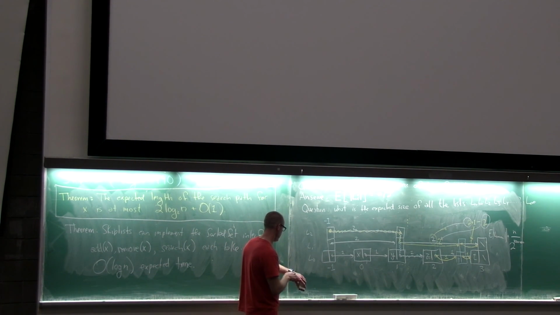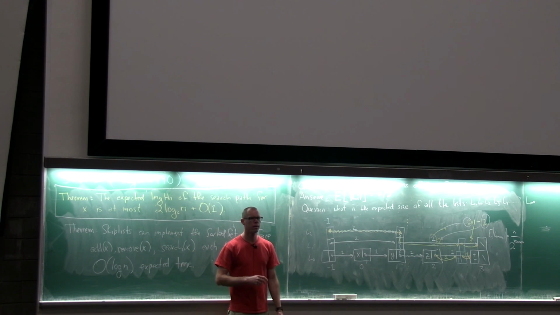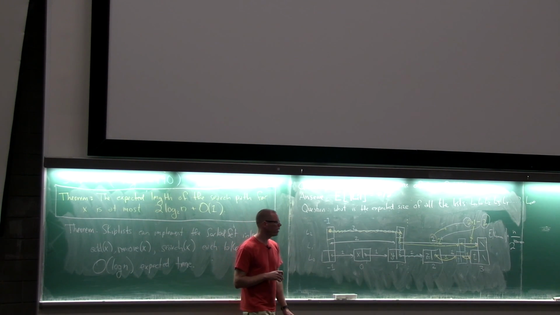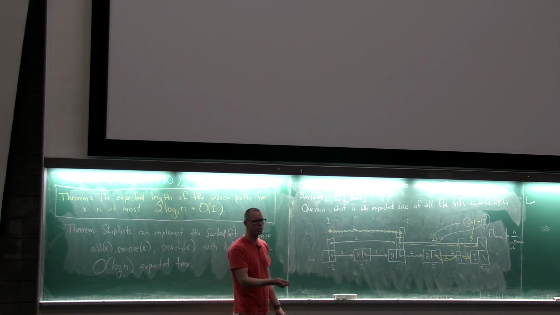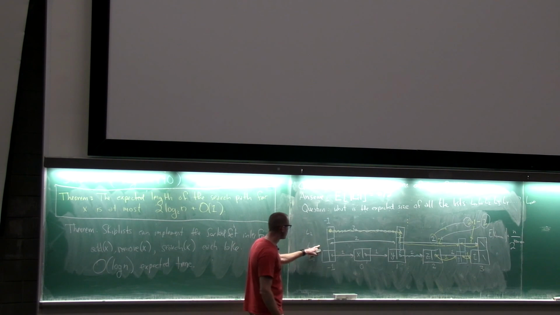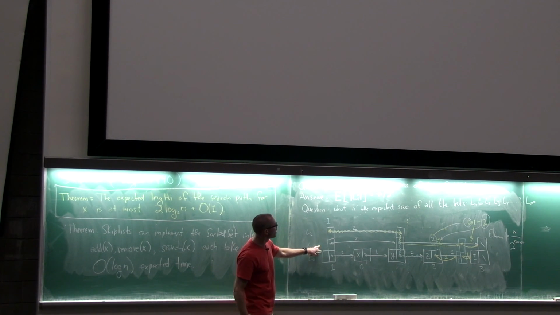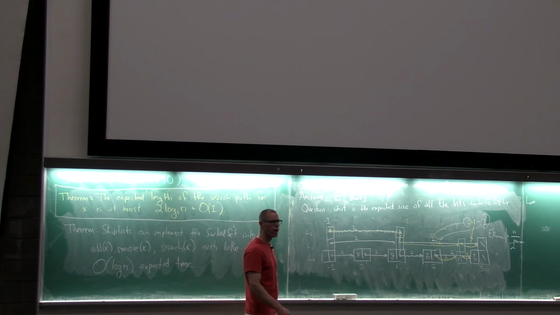All right. And so, what is the expected size of all of this? We have all their sizes. It's their sum. The expected size of L0, the expected size of L1, the expected size of L2. Well, for the expected size of L0, there's no randomness there at all. It's just n. And the expected size of L1, well, we figured that out. That's n over 2. And in general, the expected size of Li is n over 2 to the i.